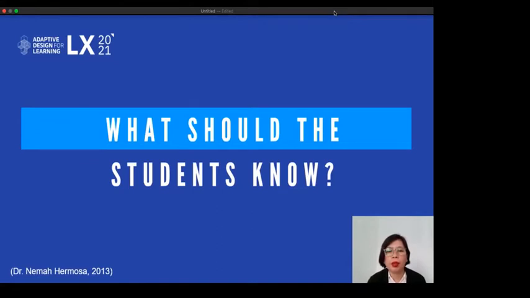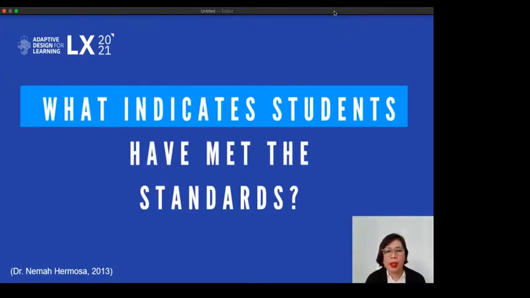What should the students be able to do? What indicates students have met the standards? This is the authentic task that we give to the students. It's how we know that the standards have been met.